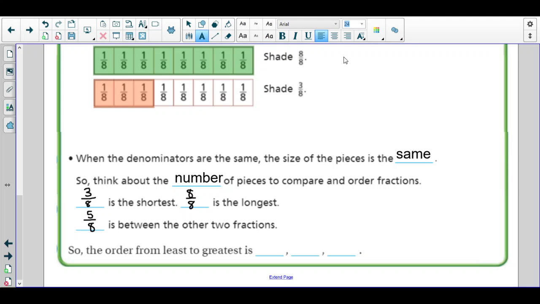Let's see if I can't get these typed to maybe be a little bit better here. 3/8, 5/8, and 8/8. So there's that fraction right there, and that fraction, and finally that one right there.